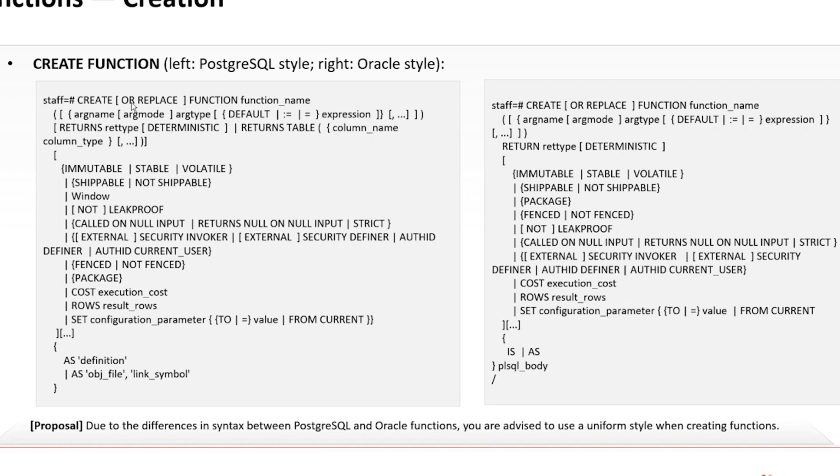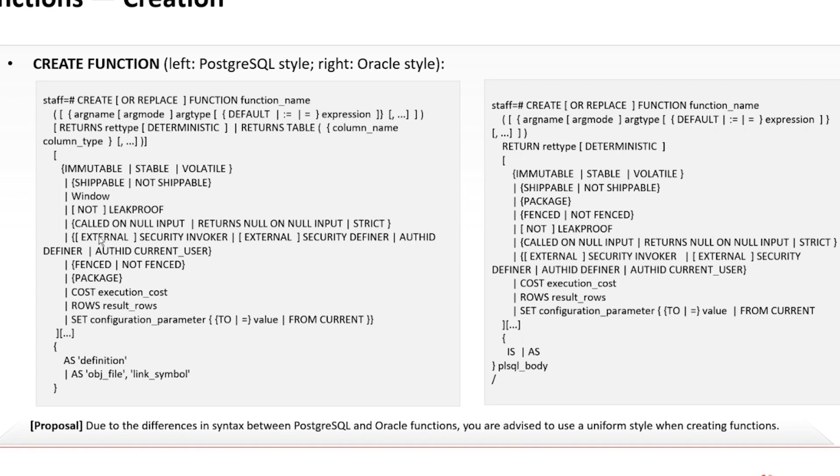So when creating a function, we specify create function with its name. And after that, we can define its argument name, argument mode, and argument types. And after the definition of the function name and its arguments, we also can specify a lot of parameters here. And these are very similar to the parameters of the stored procedures.